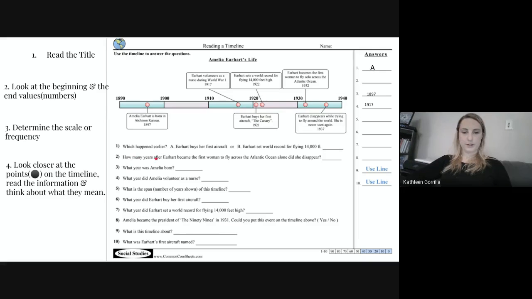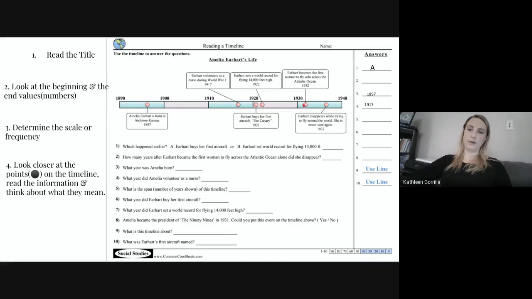Number 2, how many years after Earhart became the first woman to fly across the Atlantic Ocean alone did she disappear? So I know this dot was talking about she became the first woman to fly solo across the Atlantic Ocean. That was 1932. So now she disappeared. That's the next dot in 1937. So 1932 to 1937.